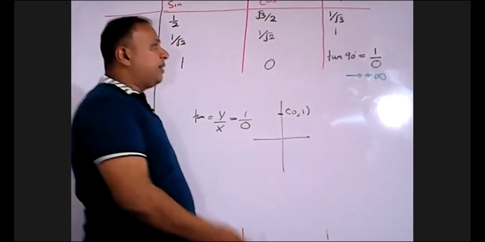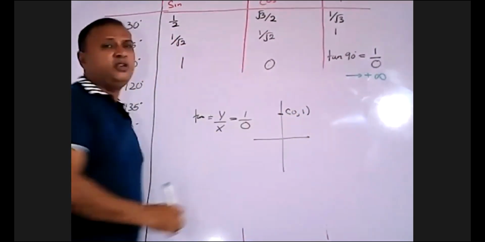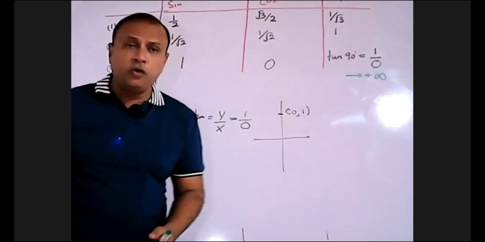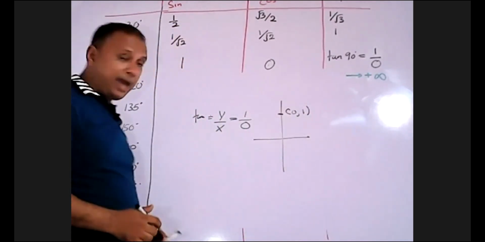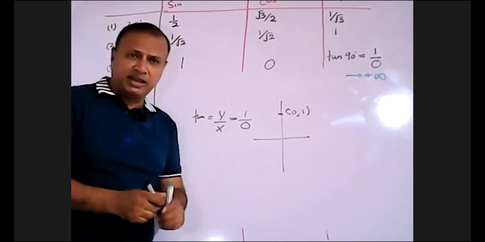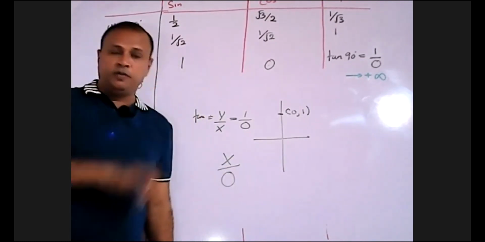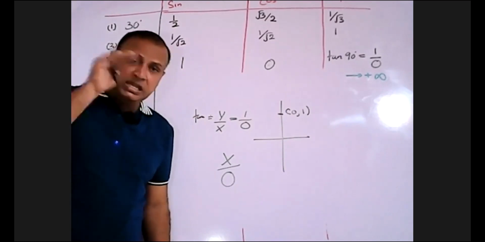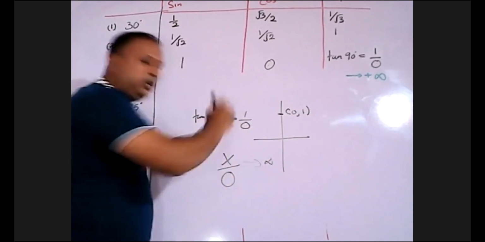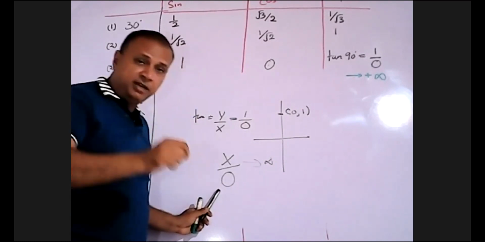Therefore, tan 90 is equal to 1 over 0. 1 over 0 means it goes to infinity. Therefore, if you have any fraction with 0 denominator, this value will go to infinity, because we cannot divide anything by 0.